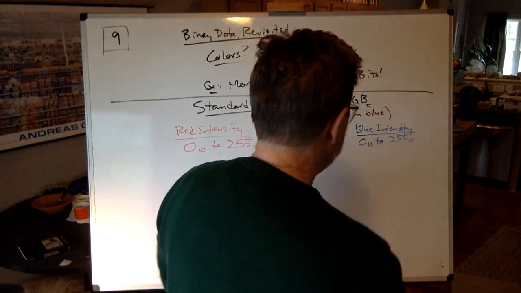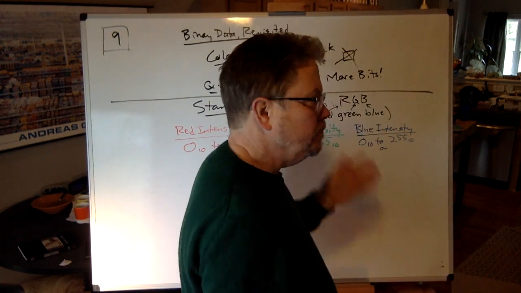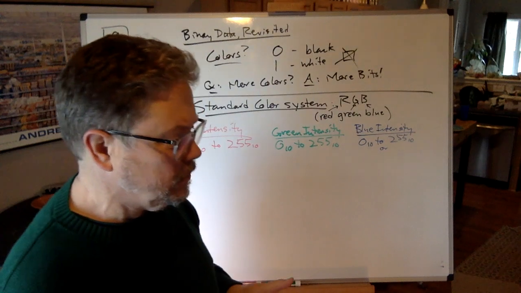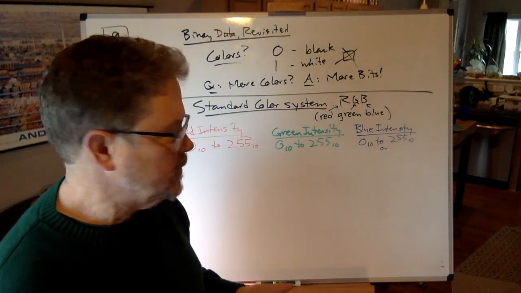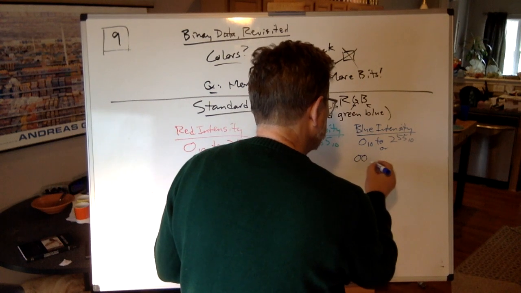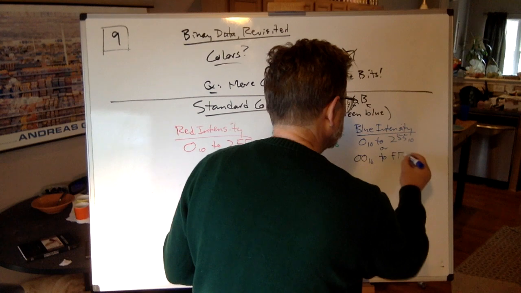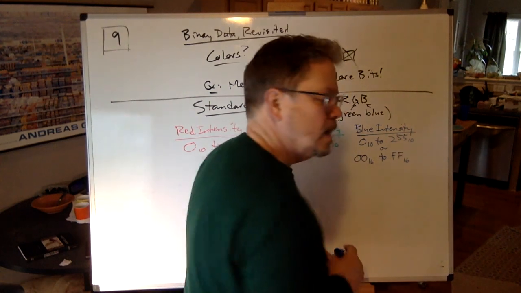Instead of writing it in base 10, which is the outlier, binary is the natural language of computing. Hexadecimal is shorthand for the natural language of computing. This is double 0 in base 16 to double F in base 16.